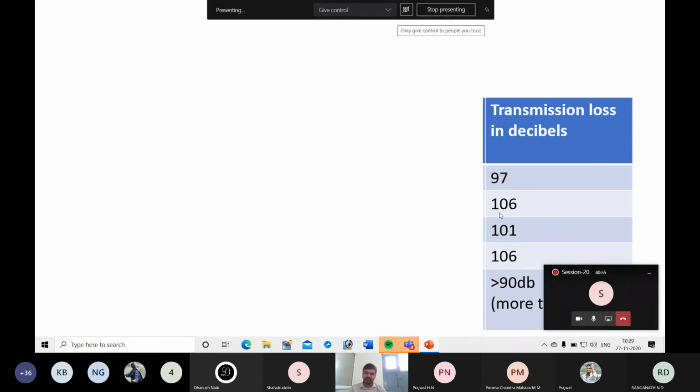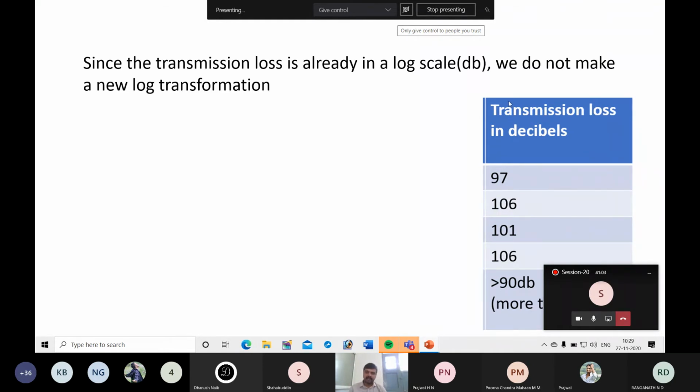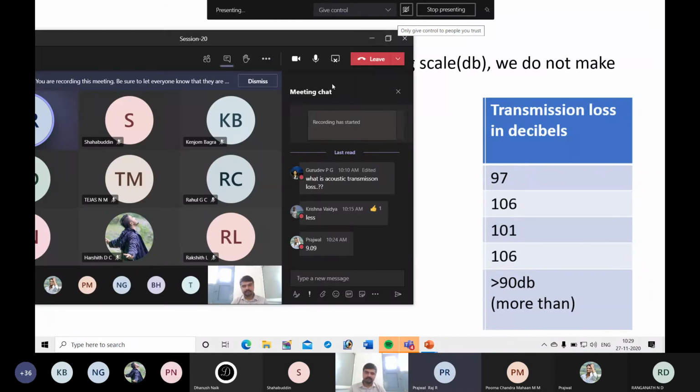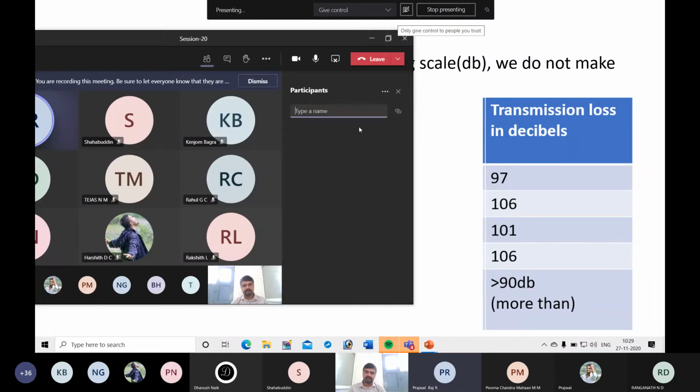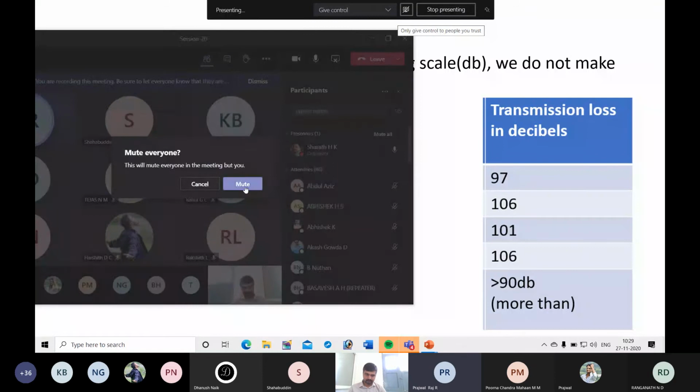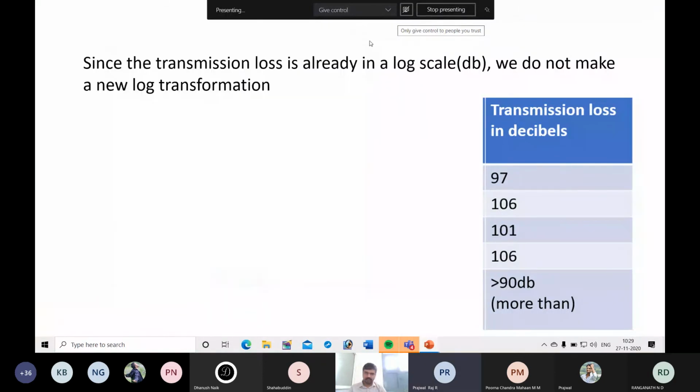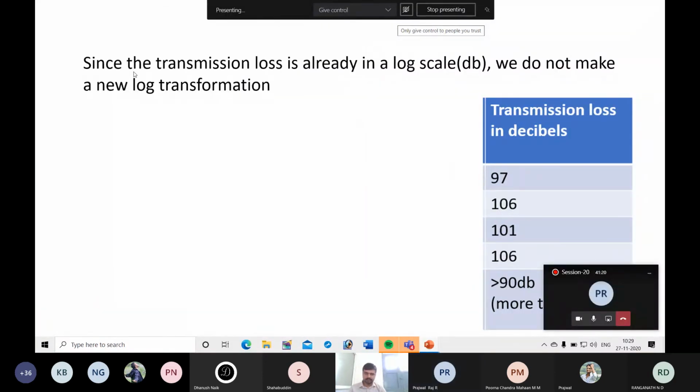Two materials have same value, material B and material D. For both you can assign 9. And in the problem also they have specified these values already on the log scale.